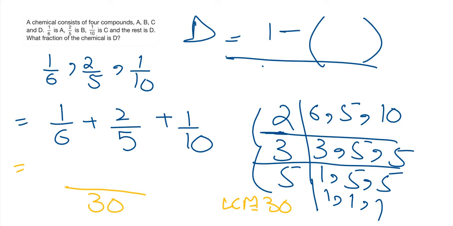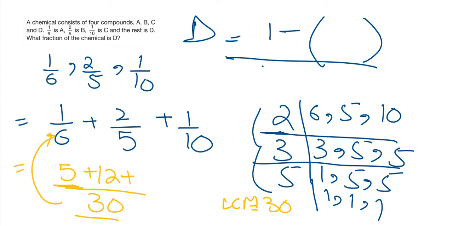Okay, so again we have to divide the LCM by the denominator value, and then the answer that we got, we have to multiply it by the numerator value. After dividing it, we got 5, and times it with 1, we get 5. When we divide 30 by 5, we get 6, and times it with 2, we get 12.